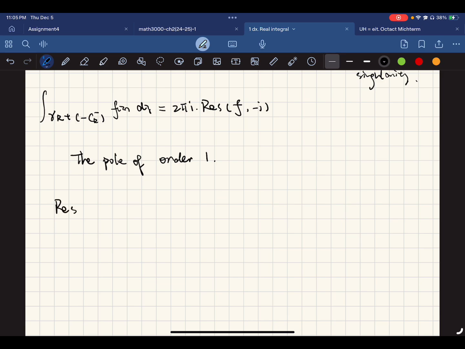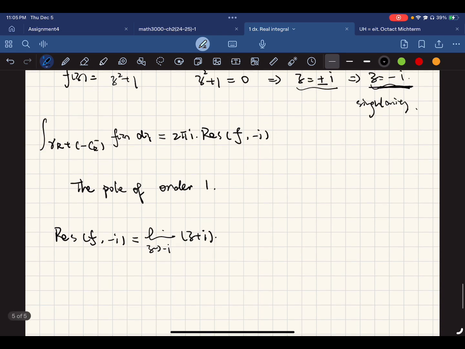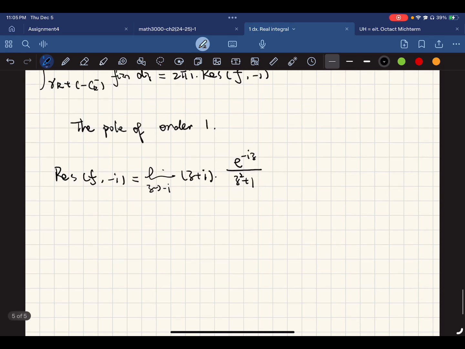So hence the residue will equal the limit as z tends to negative i of z plus i times f(z). f(z) is e to the negative iz over z squared plus 1. Then we use L'Hopital's rule.